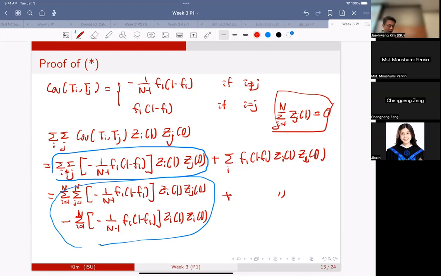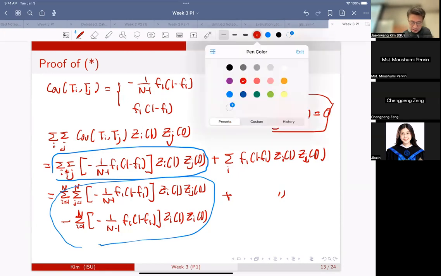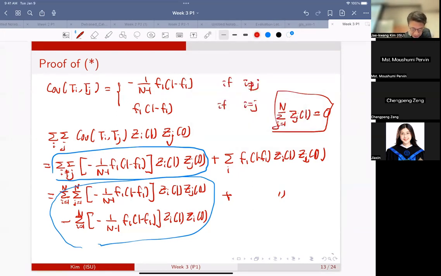Okay. Why are we doing this? Well, once you do that, then the first term is 0. So this double summation is 0 because of this.